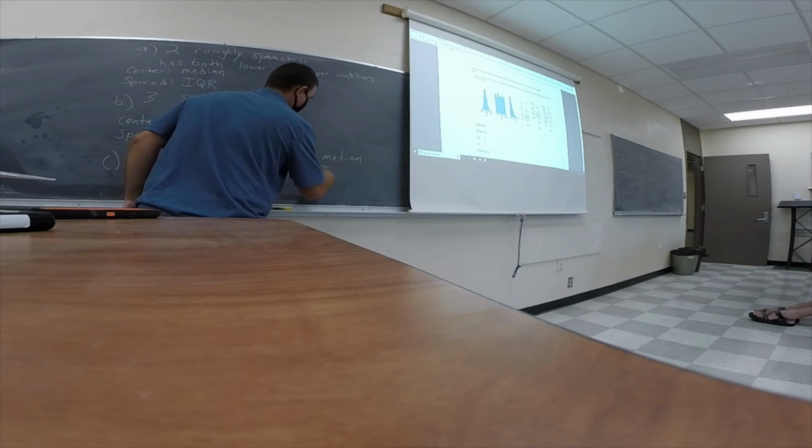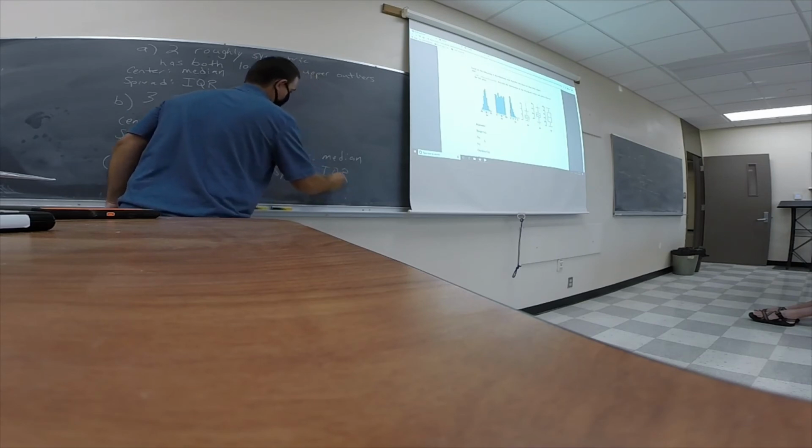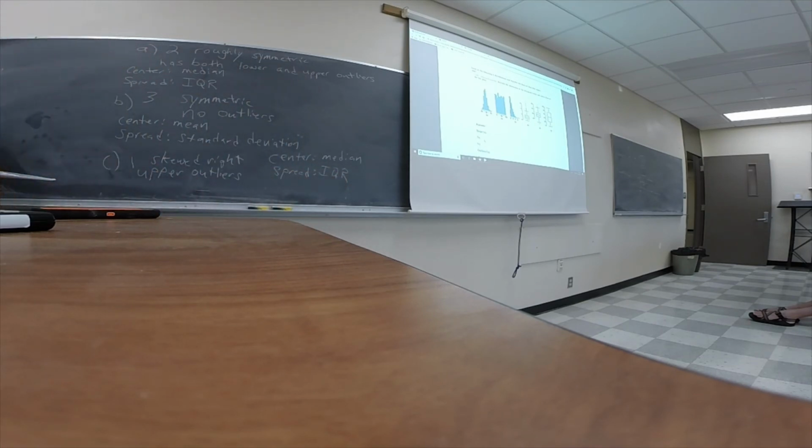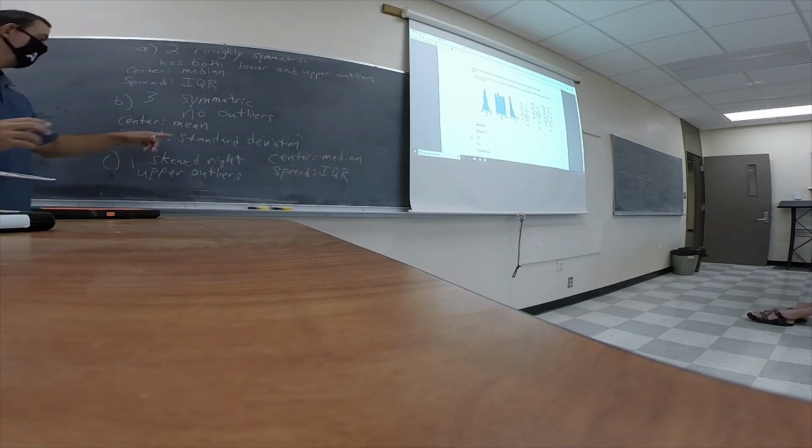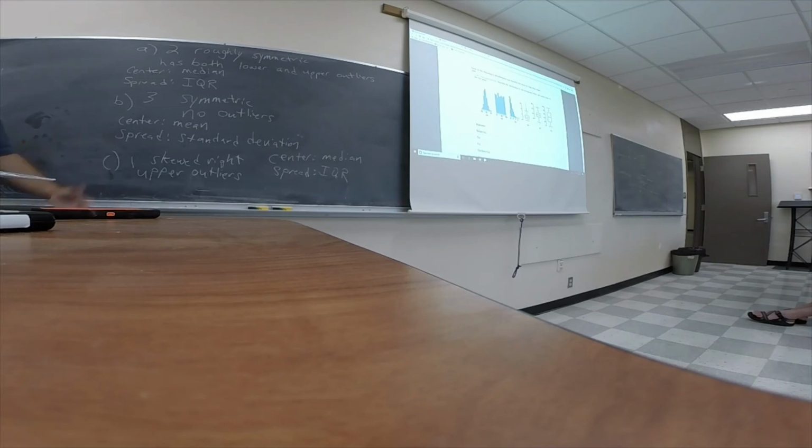IQR, which stands for interquartile range. When do we choose the range for spread? We don't. You're either going to choose IQR or you're going to choose standard deviation. IQR stands for interquartile range.